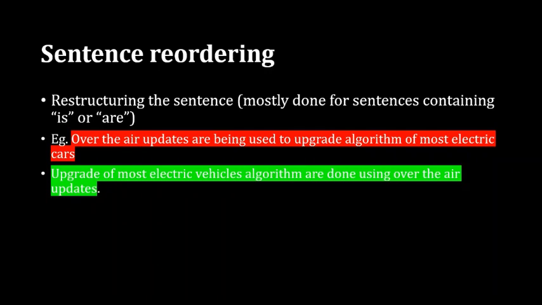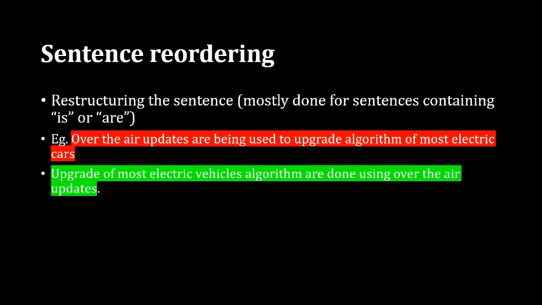So when you have sentences that contain "is" and "are," those are the sentences that you mostly might reorder rather than use a passive form, because the passive one might be a little bit challenging, even though you can do it passively, but it will take some time and thinking. And in writing the exams, time is not on your side, so you are trying to be as quick and as correct as possible.